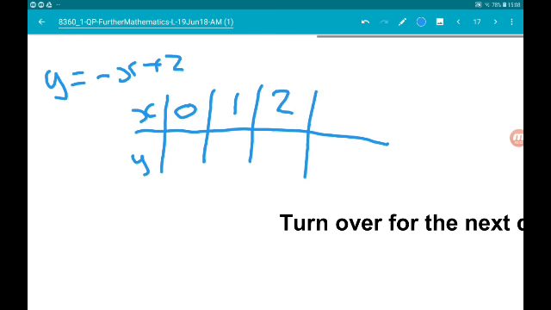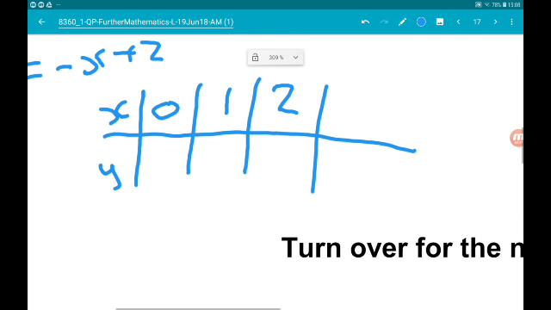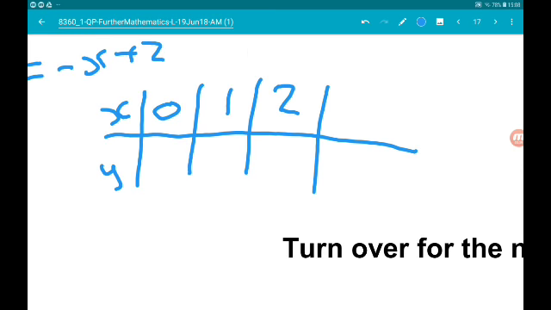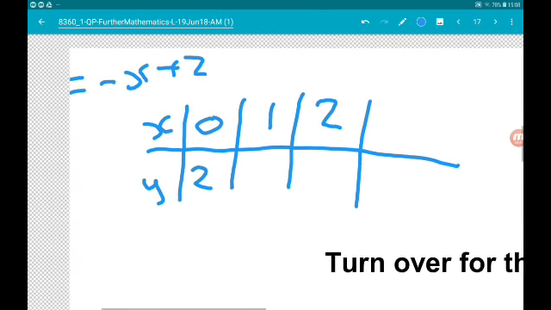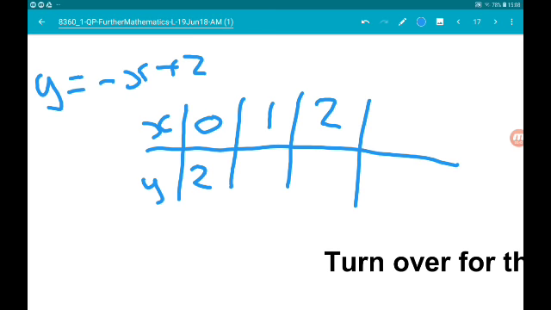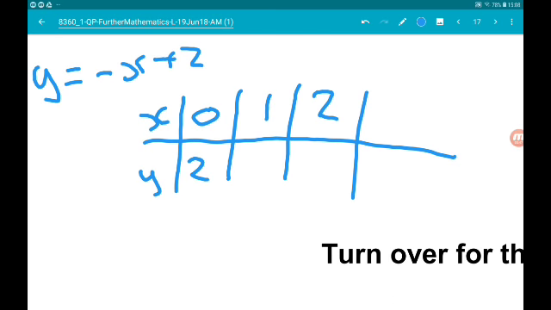When x is 0, y is 2. When x is 1, y is minus 1 and 2, which is 1. And then when x is 2, y is minus 2 and 2, which is 0.